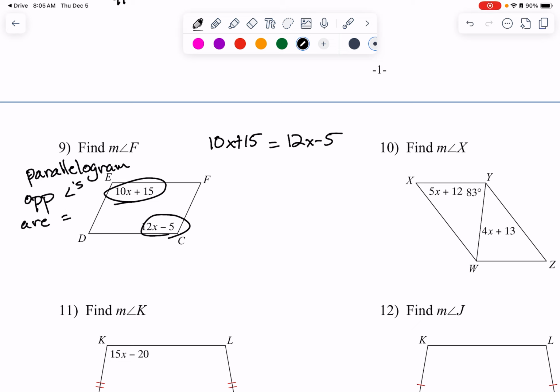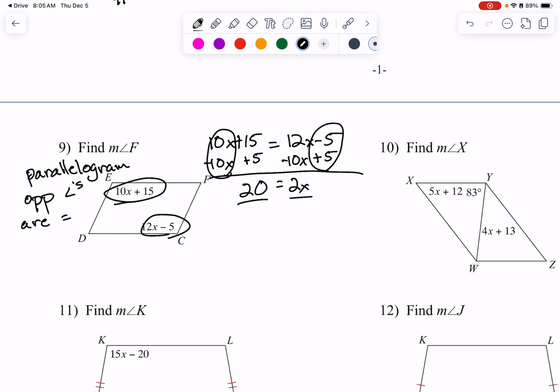Now I have an algebra equation to solve. I can add 5 to both sides, and I could subtract 10x from both sides. Let's see what that does. Gives me a 0. 15 and 5 makes 20. 12x minus 10x is 2x. And 5 and minus 5 is a 0.